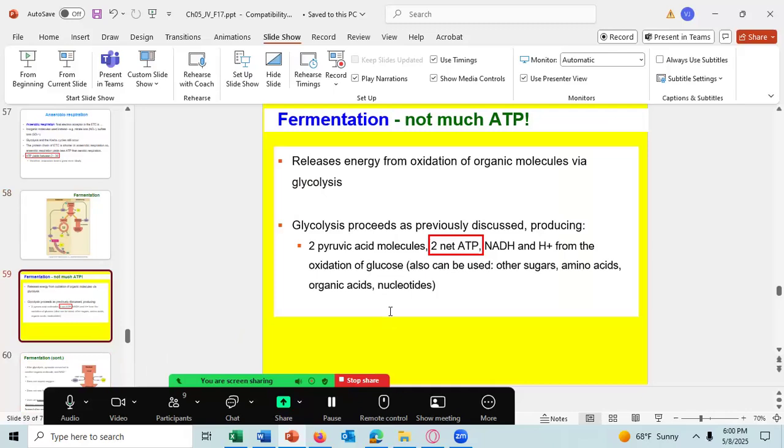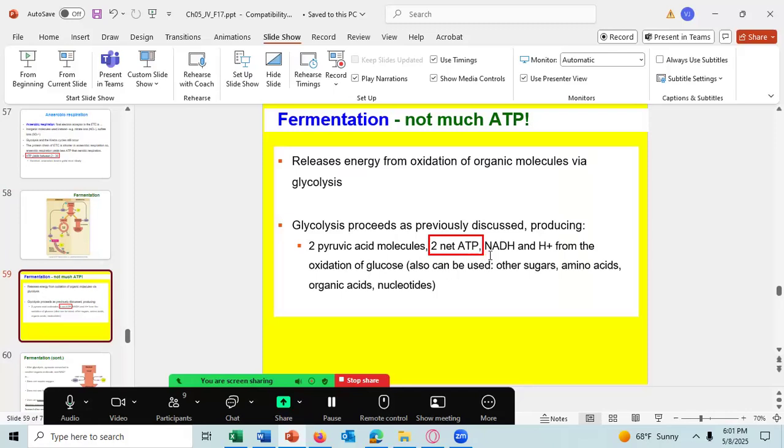So ATP production in fermentation is not very much. We only generate a net gain of 2 ATP per molecule of glucose. And all of those ATP are generated in glycolysis.